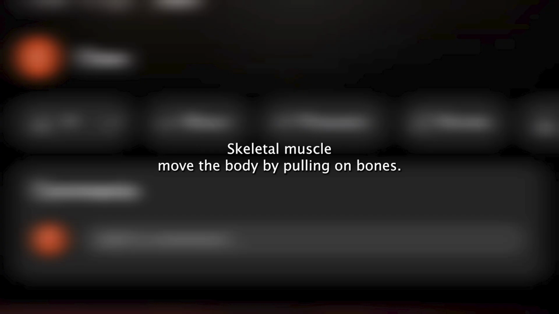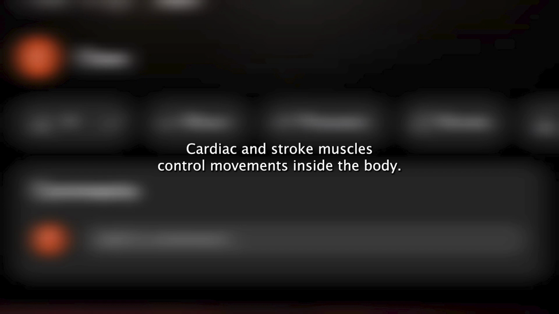Skeletal muscles move the body by pulling on bones. Cardiac and smooth muscles control movements inside the body. Some common properties of muscle are excitability, responsiveness to nerve stimulation; contractility, the ability of cells to shorten; extensibility, the stretching of the muscle; and elasticity, the recoil of the muscle.